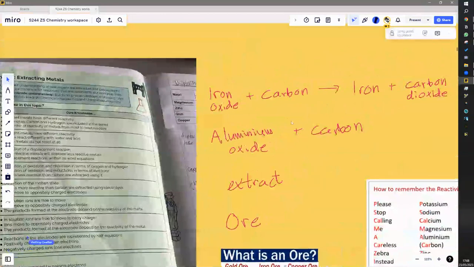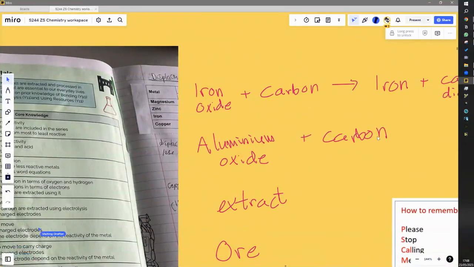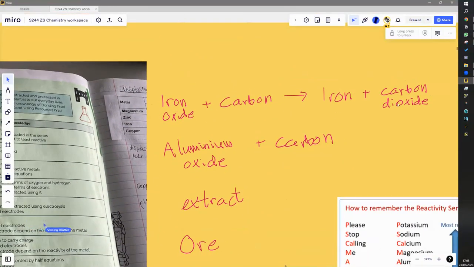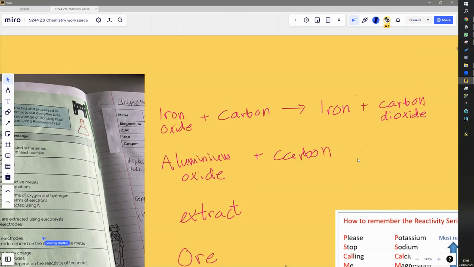So if we look at this example here, the carbon has become carbon dioxide. It's been oxidized, and the iron oxide has become iron. It's been reduced. Reduction is the opposite of oxidation.